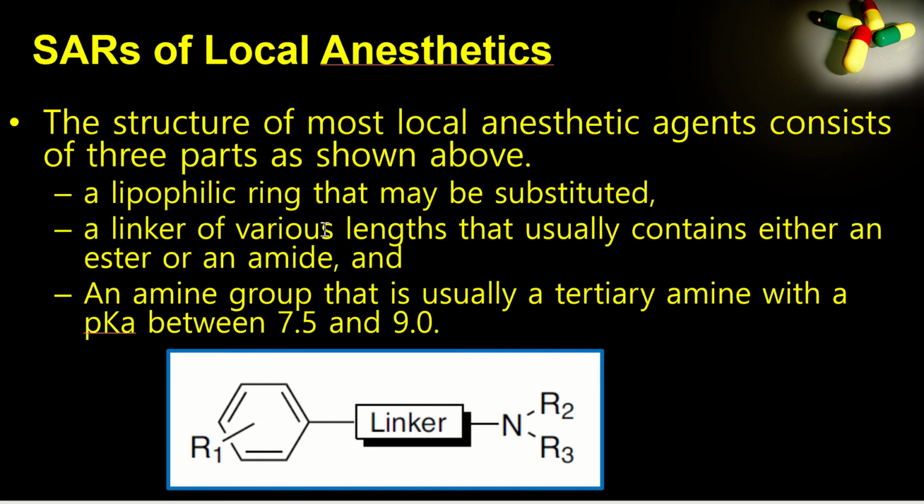Second, a linker of various lengths that usually contains either an ester or an amide. We must remember our functional groups here, and our ester or amide linker will be here. And then to top that off, we have an amine group that is usually a tertiary amine with a pKa between 7.5 and 9. So that is here.